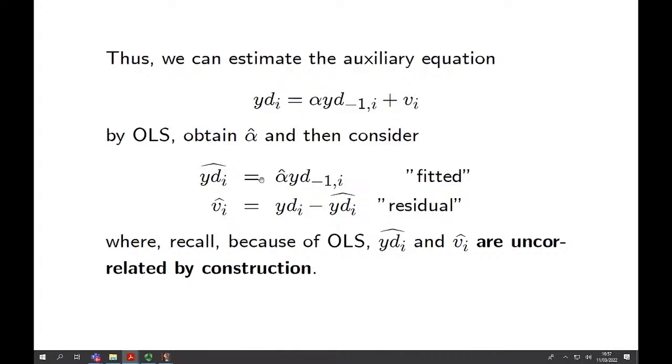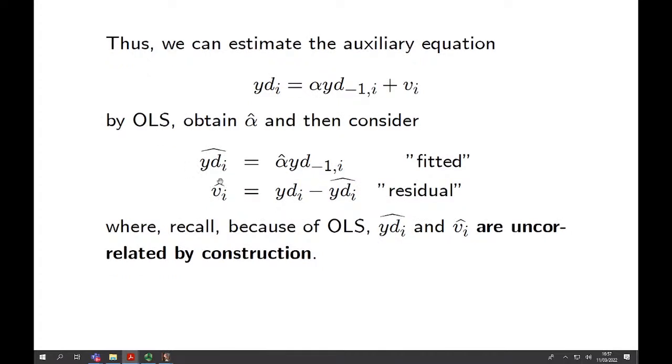One thing we have to keep in mind is that, by construction, because of OLS, the fitted and the residual are uncorrelated. They are orthogonal. The OLS method is such that the fitted and the residual are uncorrelated. It's just a computational issue.